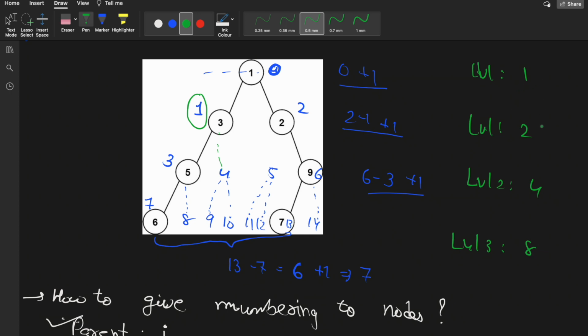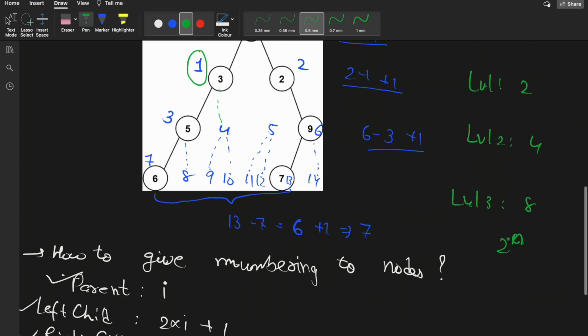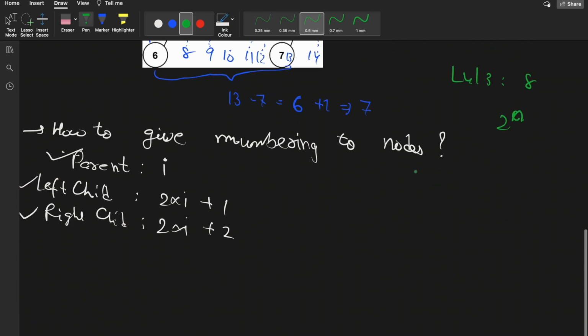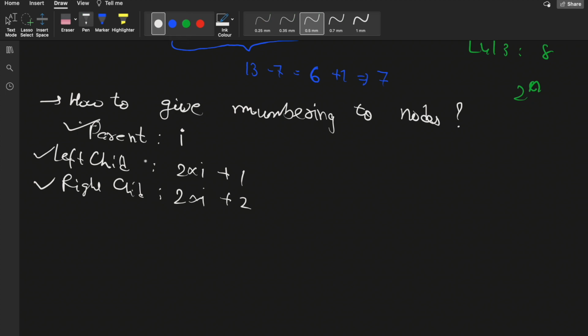So the maximum width here is 8. This follows a power of 2, let's say 2 to the n. As the height, or depth, of the tree increases, the number of nodes at each level increases by a power of 2. Since a binary tree follows this pattern, this formula is valid, that is 2 into I plus 1 and 2 into I plus 2.